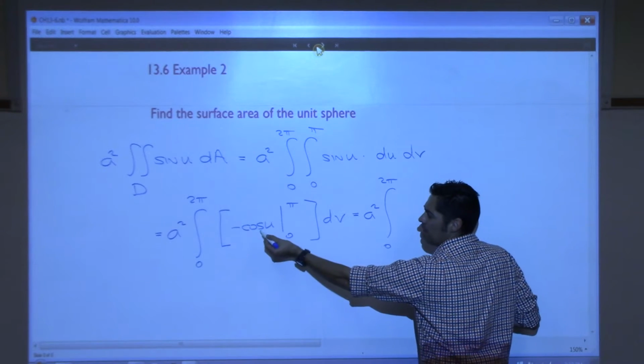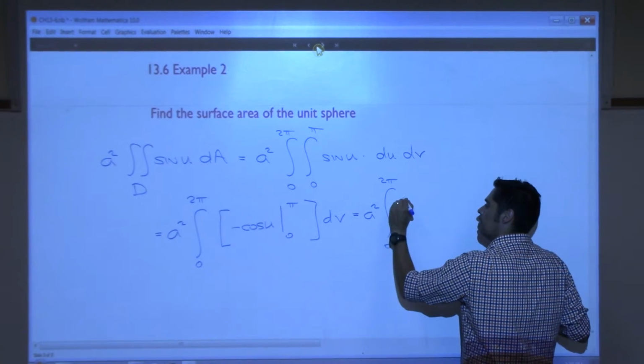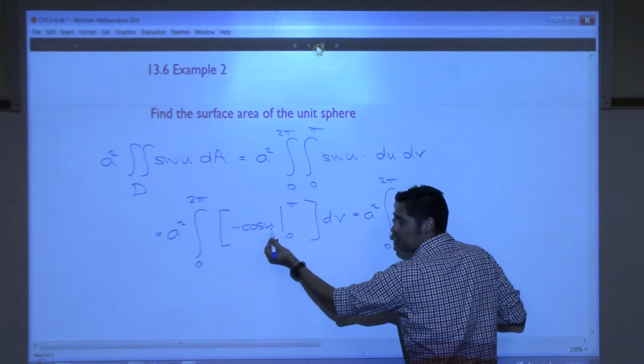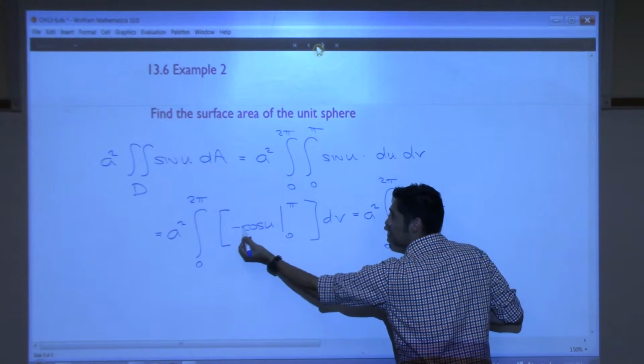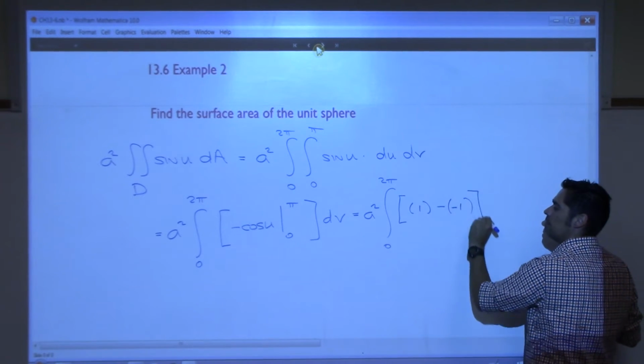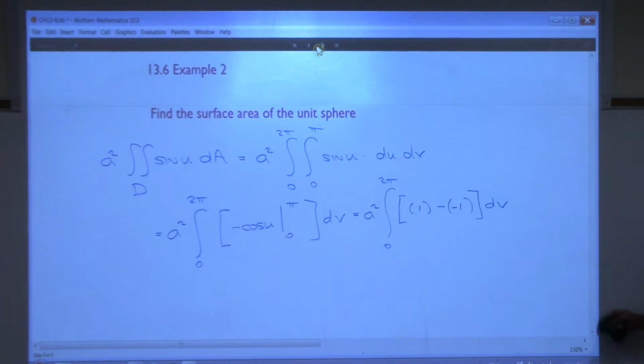Plug in pi, you get cosine of pi is -1, but then minus, so it's a 1. Minus, now plug in 0, cosine of 0 is 1, but minus, which is -1, but you're subtracting it, right? So that's really a 2, right?